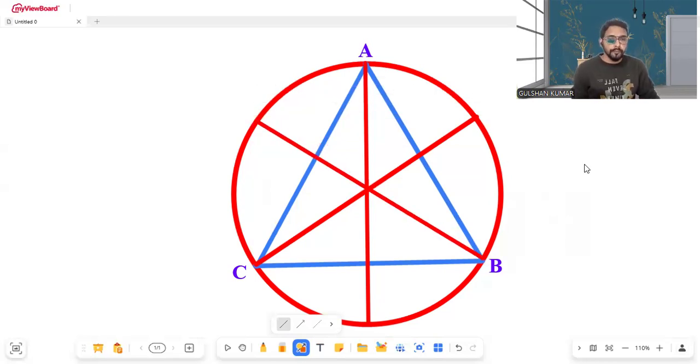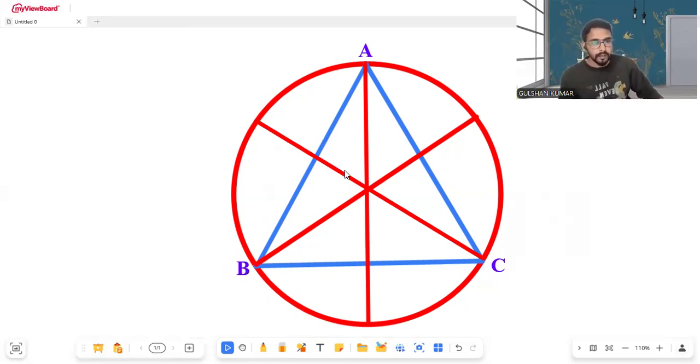These are all the bisectors of angle A, angle B, and angle C in triangle ABC.